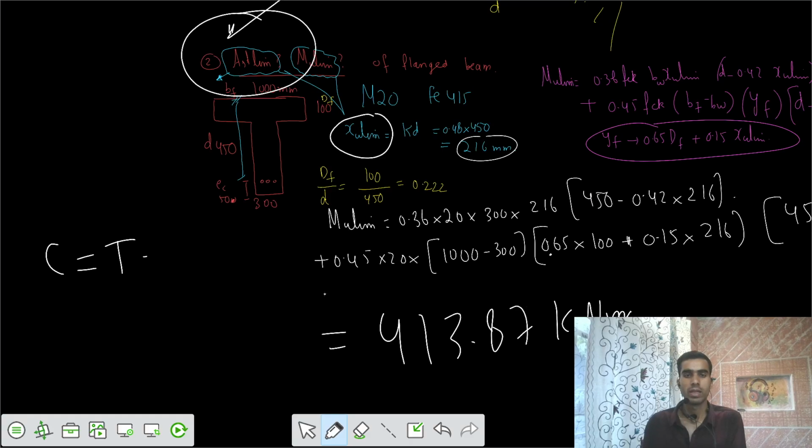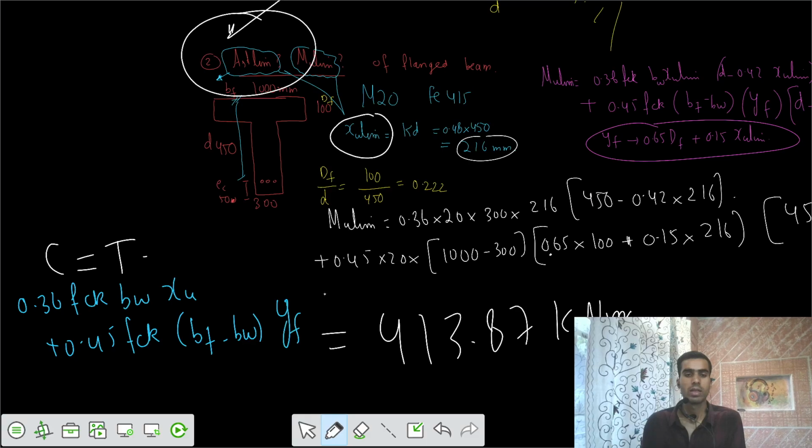Your C force is 0.36 fck bw Xu plus 0.45 fck, bf minus bw, times yf, and that equals 0.87 fy Ast corresponding to the limiting condition.